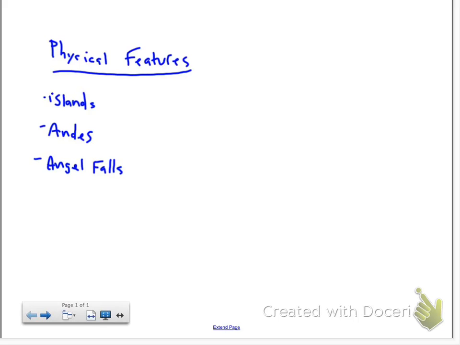There's got to be more than just those three things. Jackson? They have the largest lake. Largest lake. Matthew? Orinoco River. Good, the Orinoco River.